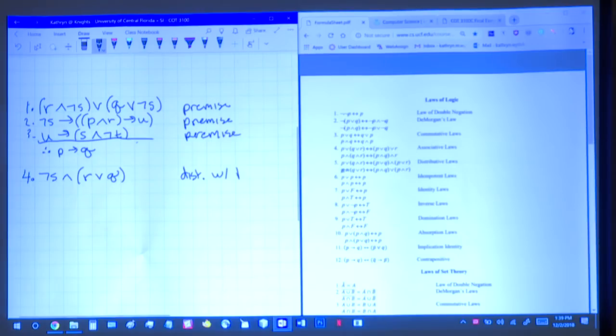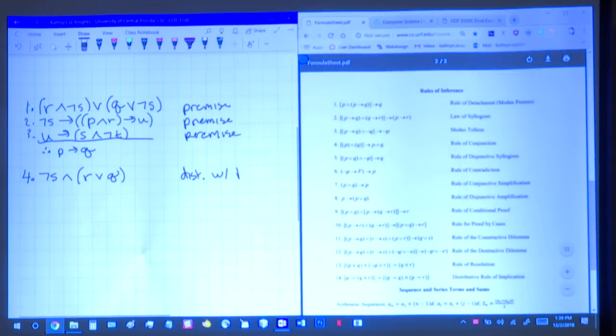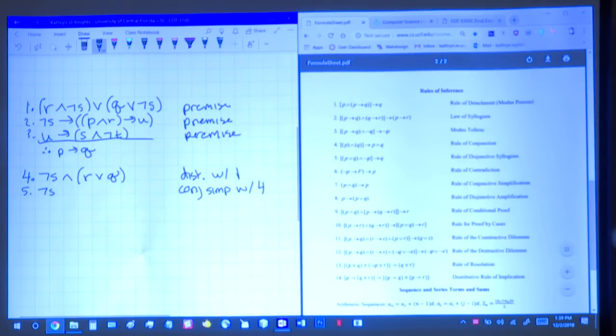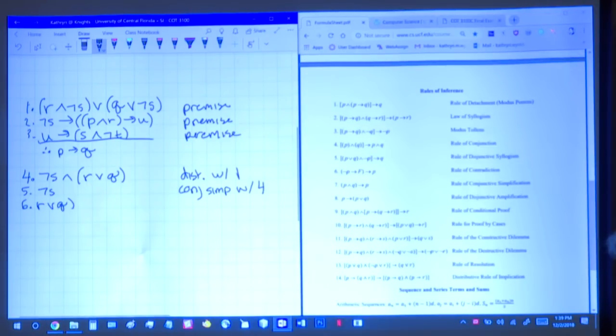After that, we can split these up using conjunctive simplification. Since both have to be true, we can write them separately. So not S, that's conjunctive simplification with 4, and we can do the same thing with the other half, R or Q, conjunctive simplification again.